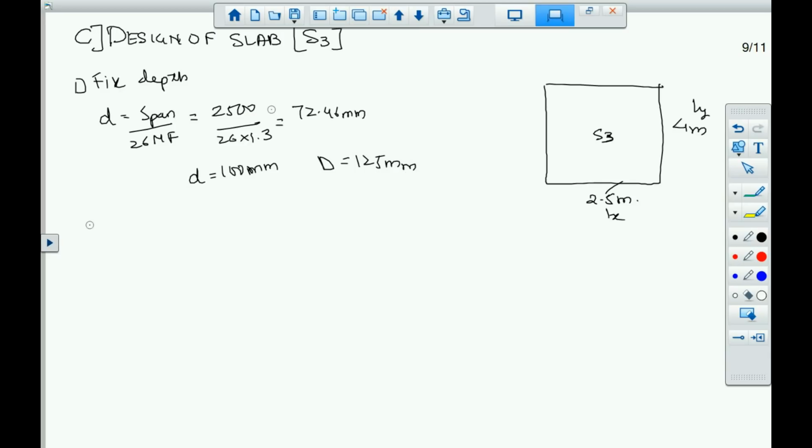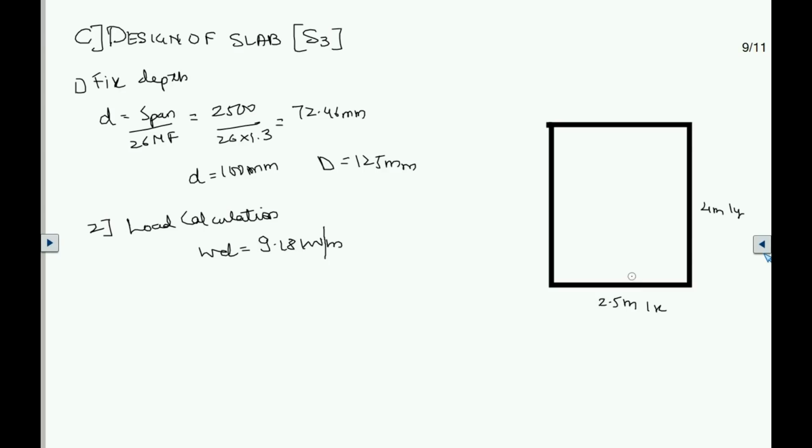Now the second step is load calculation. We don't have to calculate the load again, as the load on all the slabs is the same, that is wd equal to 9.18 kilonewton per meter. So in this S3 slab, this edge was continuous while all the rest of the edges were discontinuous.